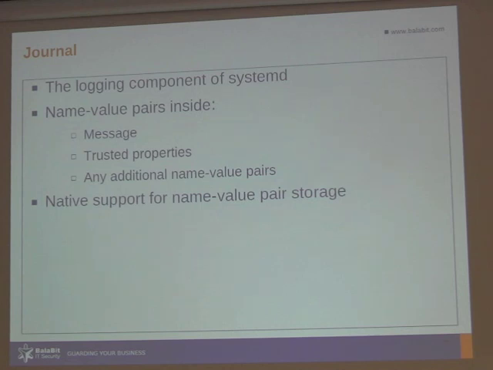So one can send a simple message like in traditional logging, but also send to the journal any name-value pairs defined by the application, and the journal adds some trusted properties to all of the incoming messages.